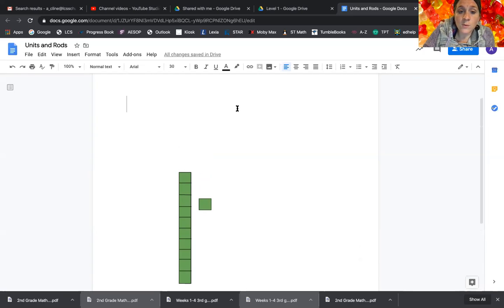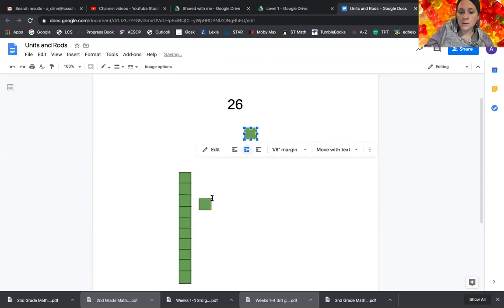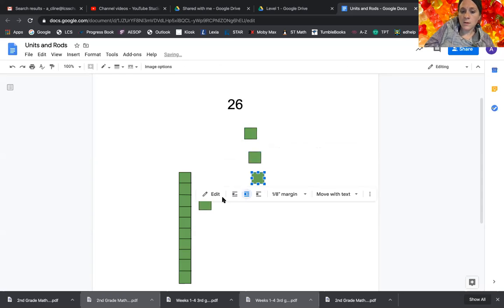Really quick, I'm going to give you a little example. If I have the number 26, I know that the number 26 is how many in the ones? There are 6 ones. So I can go 1, 2, 3, 4, 5, 6.